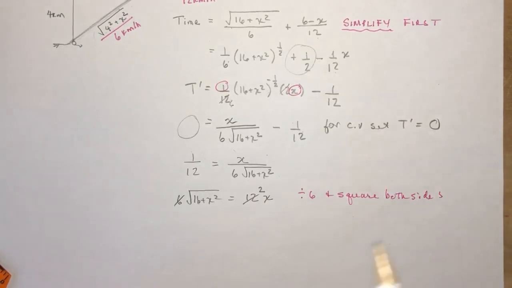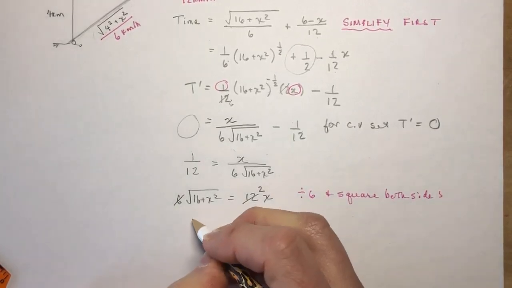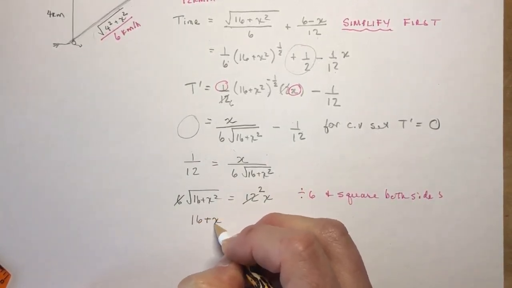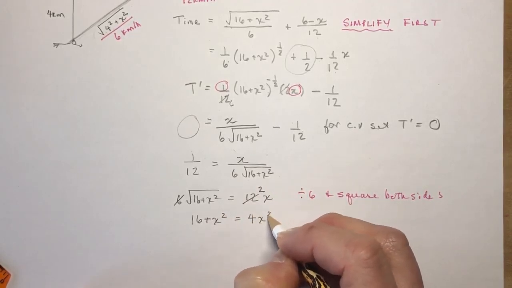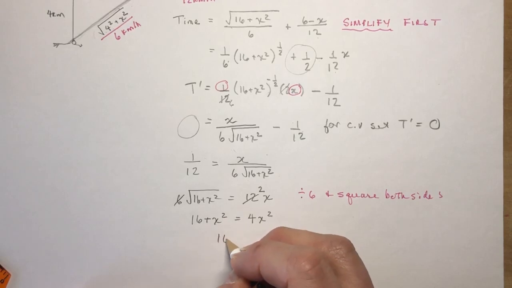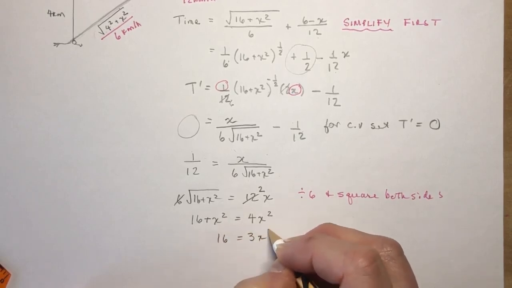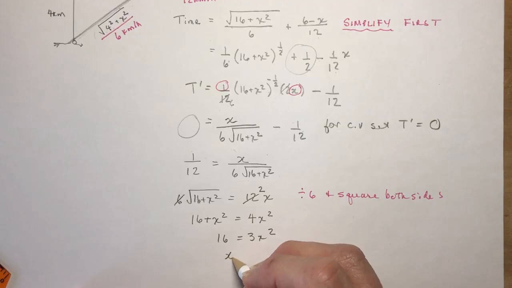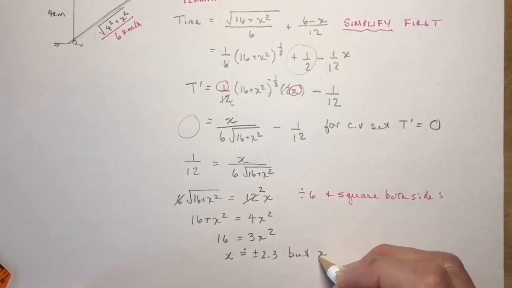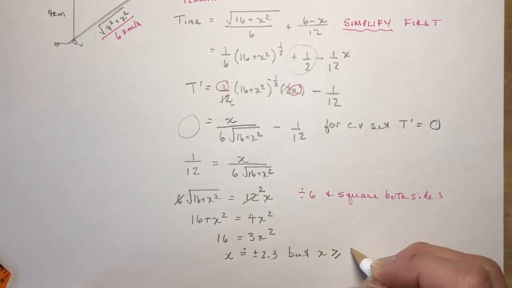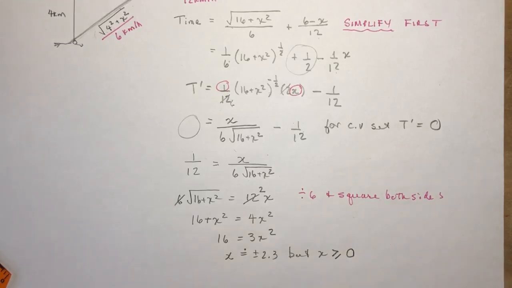And if you square both sides, you're going to get rid of that nasty little radical sign. And I get 2x squared is 4x squared. I subtract 16, is 3x squared, and using my calculator, I'll get x is approximately equal to plus or minus 2.3, but x is greater than or equal to 0. Okay, so therefore, x is equal to 2.3.